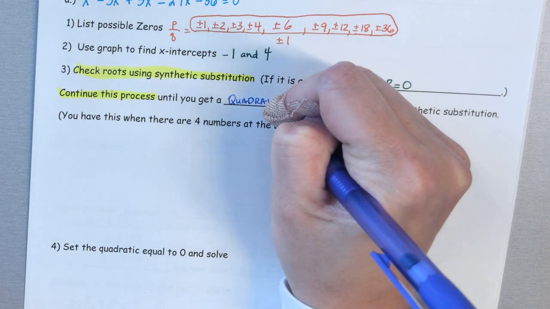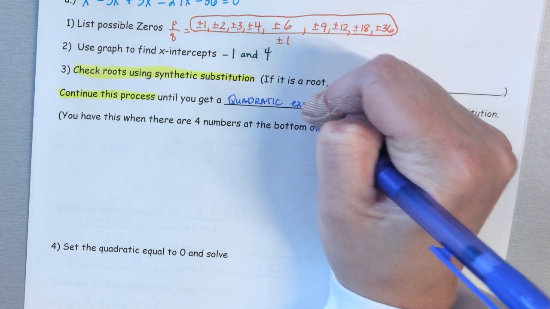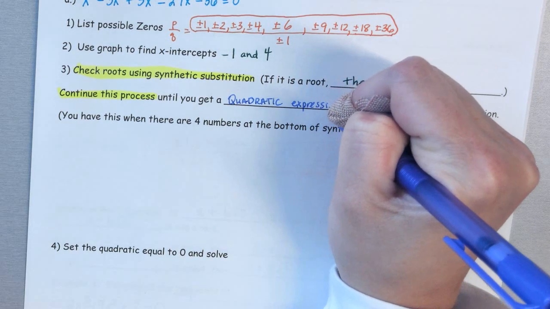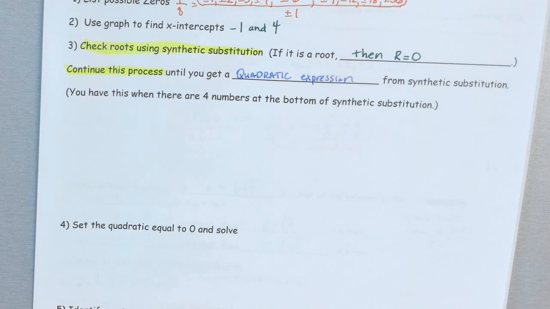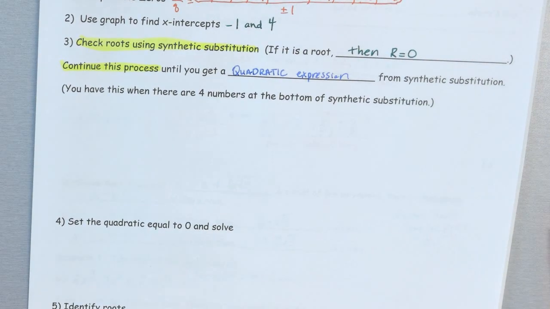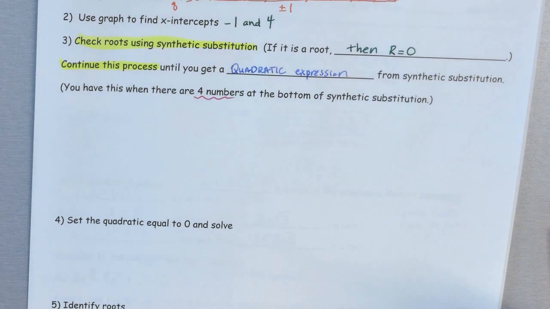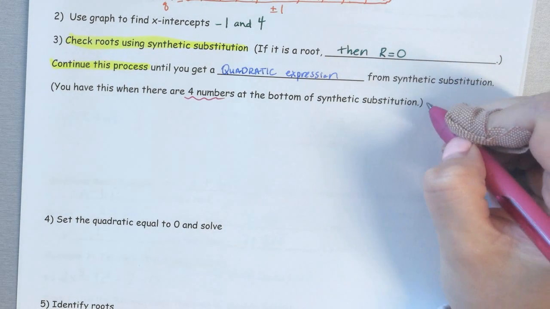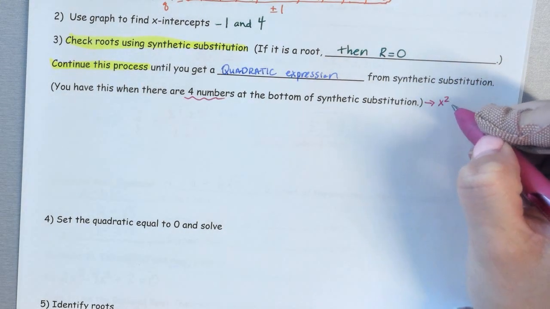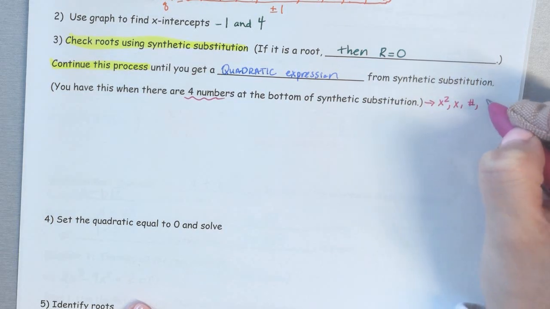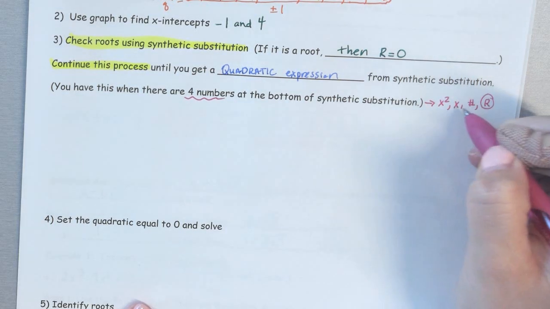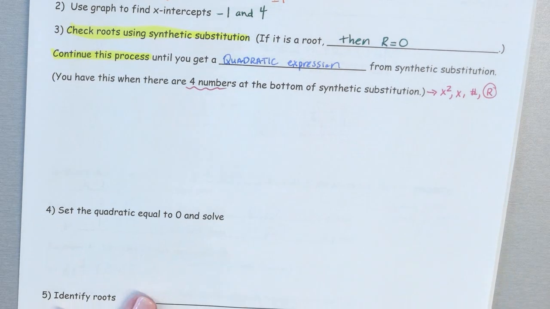This is a little different than what we did on the last page. You'll know that you have a quadratic when there are 4 numbers at the bottom, because you'll have the x squared, the x, the constant, and the remainder. So you'll have the 1, 2, 3, and then we'll circle the remainder.